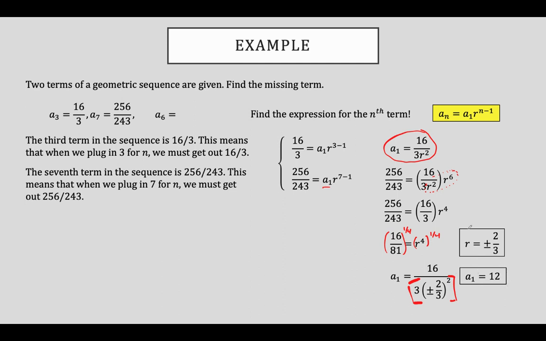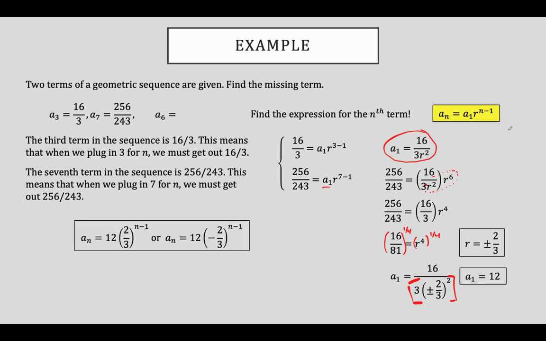So now that we have a1 and r, we can plug them into our expression to give us the nth term. In this case, we actually have two solutions. an is equal to 12 times 2/3 raised to the n minus 1, or an is equal to 12 times negative 2/3 raised to the n minus 1.